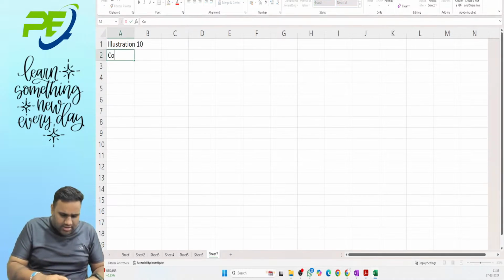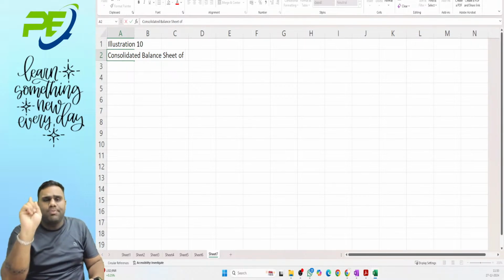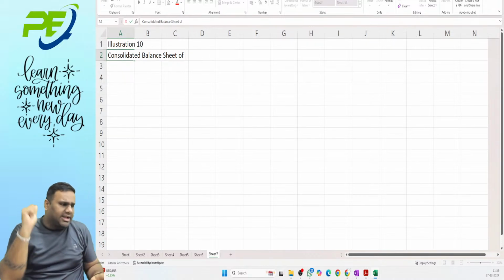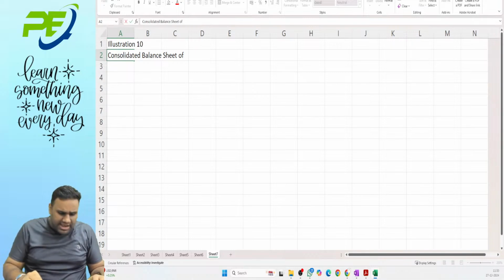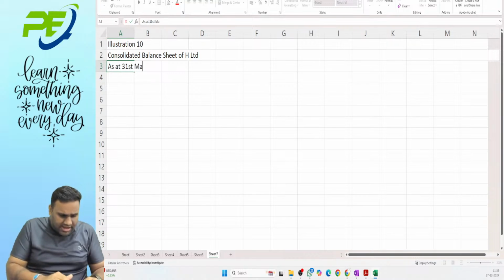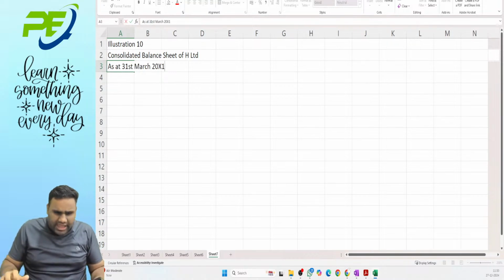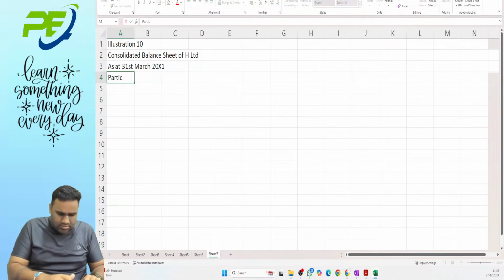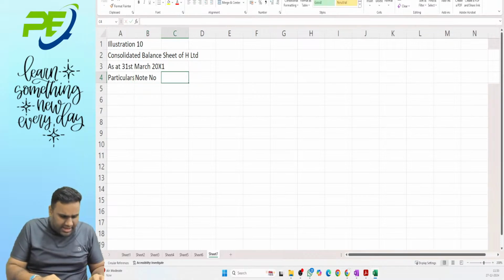Now here we will write consolidated balance sheet. Consolidation is prepared in the books of holding company or subsidiary? Holding company is also known as parent company. So consolidated balance sheet of H Limited as at 31st March 20x1. Now what are the three columns? Particulars, note number and amount.